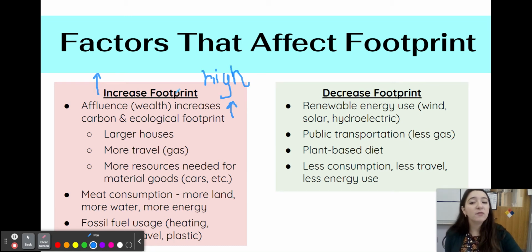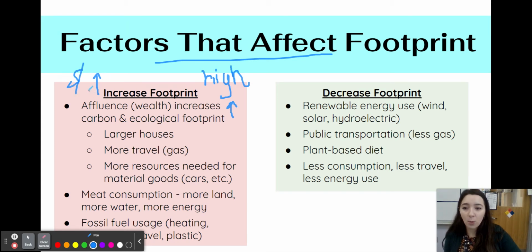The more money you have, the more things you can buy, the bigger your house is, the more cars you own. So the more that you consume, the higher your footprint. The more meat that you consume, the higher your footprint. The more energy you use, the higher your footprint.